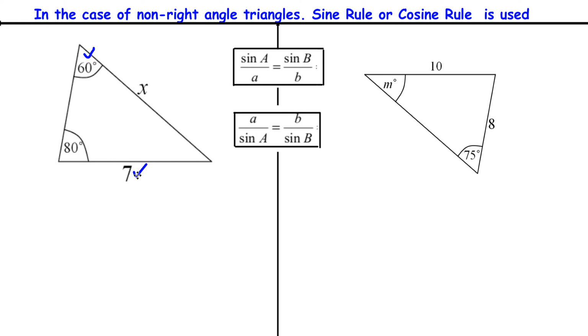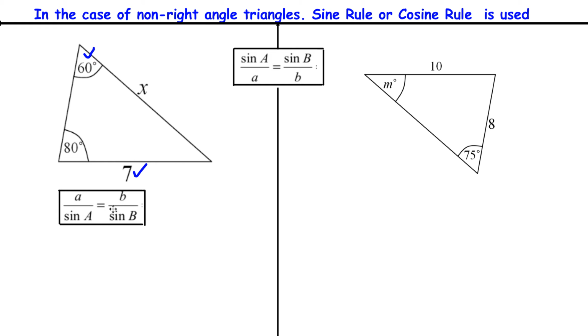Have you got an angle on a side? Yes, you do for this question, so you're going to use the sine rule. But which version of the formula are you going to start to use? Now, as you see, we're trying to find out a side. Now, if you're trying to find out a side, then you want your sides on top, so I'm going to pick this one.